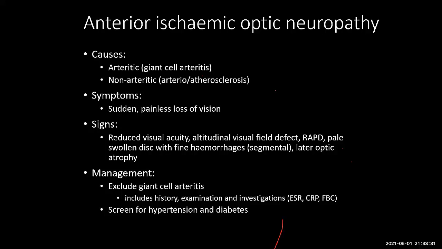So that's related to trauma. If you see floaters after a traumatic injury, you need to do a very thorough fundus examination, so you need to refer them to the eye department.